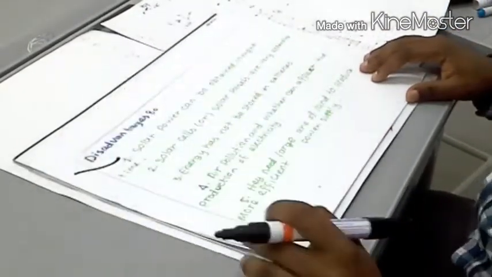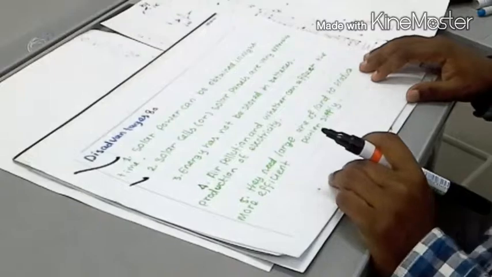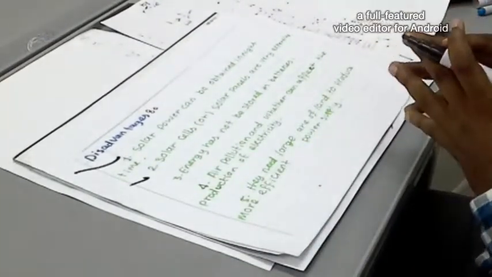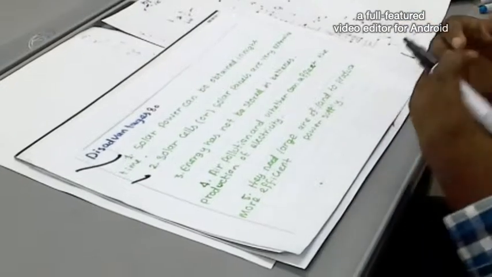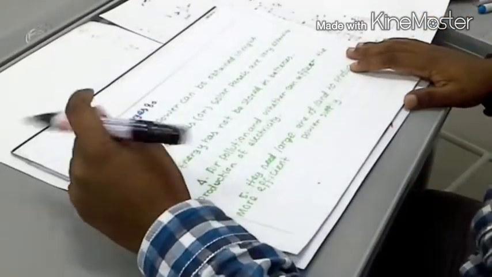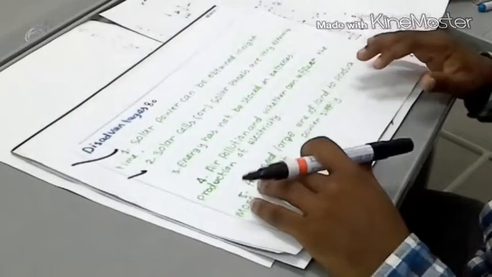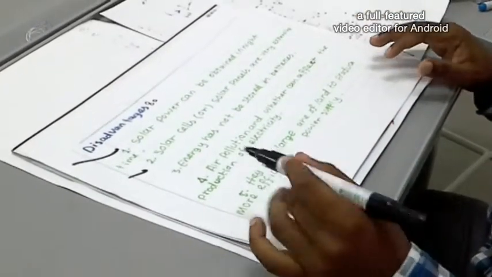This is the first disadvantage. The second point is that solar cells or panels are very expensive because they are costly to make, so of course they will be very expensive to sell.